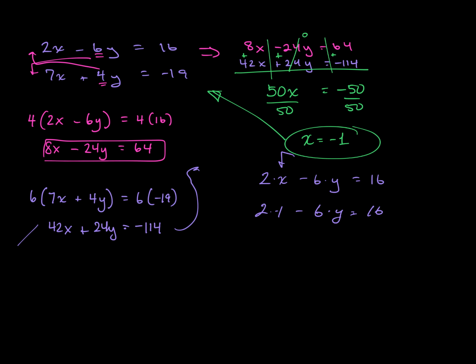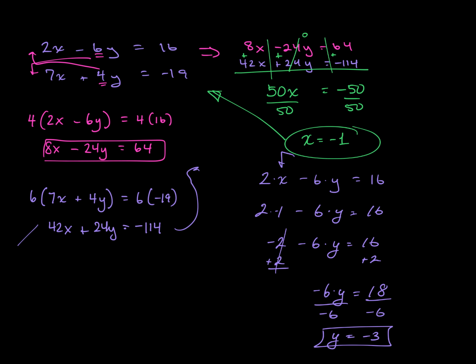And 2 times negative 1 is negative 2, minus 6 times y equals 16. I'm going to do the addition of opposites, so plus 2 to both sides, just solving this out. And I get negative 6 times y is equivalent to 18. Last step here is divide by negative 6, and I get y equals negative 3.